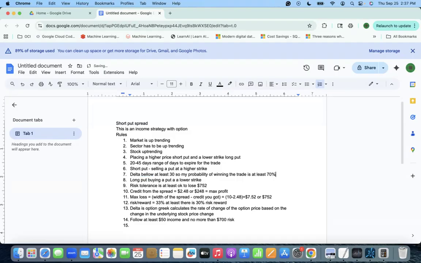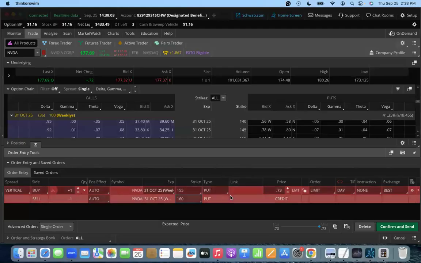I hardly ever go below that, unless there is an exceptional case, like an earnings play and all those things. But this is more of a standard that I follow, a rule that I set for myself, and I try to stick to it. Okay, so that is about it right now. So this is the trade.